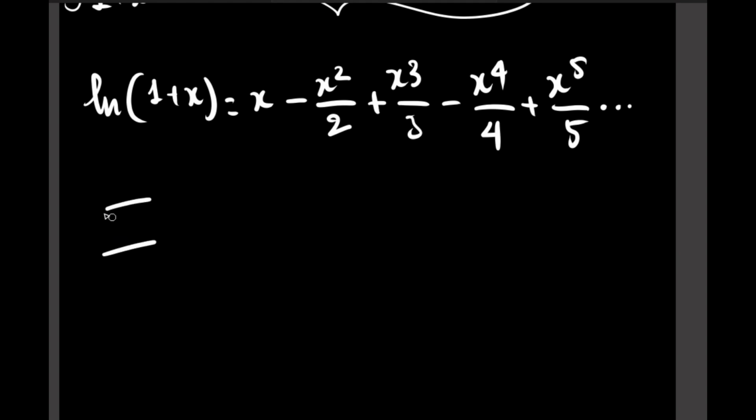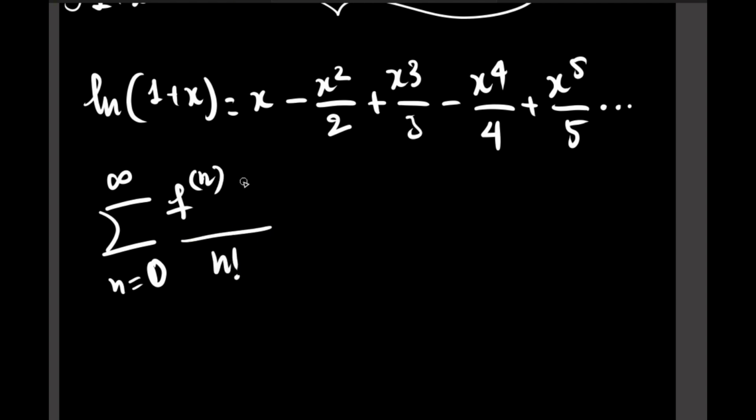Our Maclaurin series is going to be the sum of f to the n of 0, starting from n equals 0, over the factorial of n, centered around x equals 0, and then we're going to multiply that with x to the power of n.